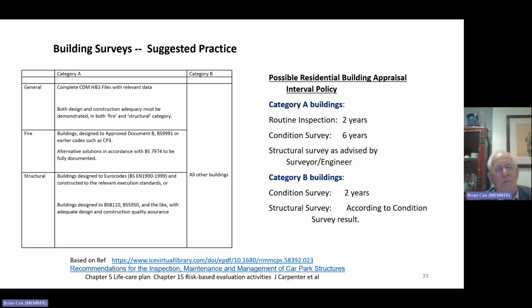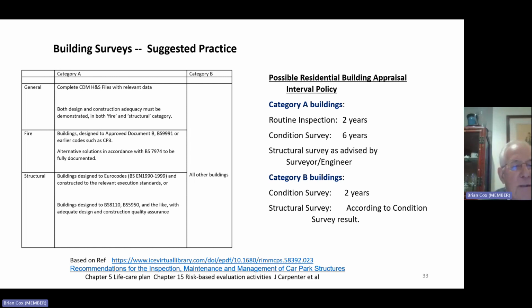So how often should you inspect your structure? Well, this suggested practice is based on work that John Carpenter and others did for looking at car park structures. It divides buildings into two types, category A and category B. Category A is a building which is designed to code.